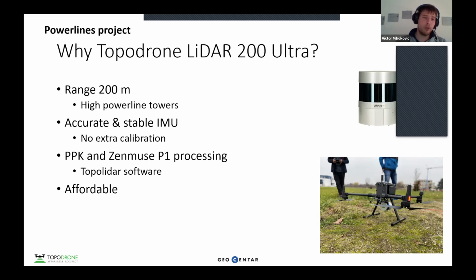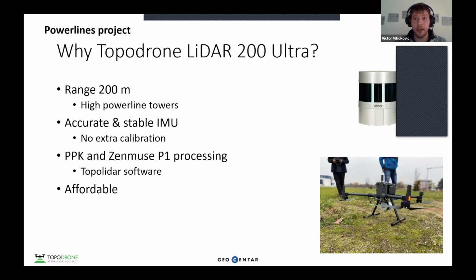So the range of 200 meters means that you can fly, as Maxime said, around 150 meters, which is really good enough to get power lines, towers, and also the ground below them. Also very important for them, since every power line is really long, you do not want to have to calibrate your LiDAR IMU every now and then.